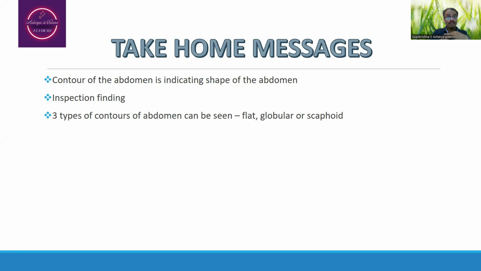Globular shaped abdomen, wherein the abdomen will be just like a globe protruded out when you compare it with the chest wall, is seen in 5F: fat, fluid, feces, flatus, and fetus. And scaphoid, the boat shaped abdomen, is seen in chronic debilitating nutrition deficiency diseases.